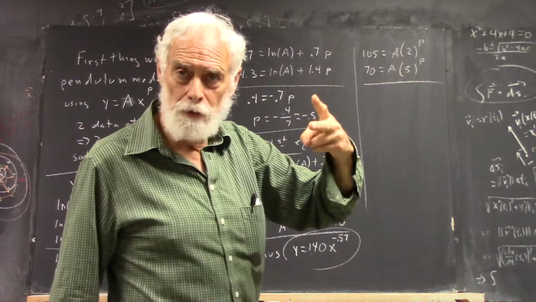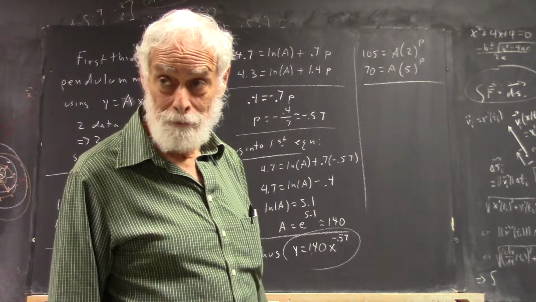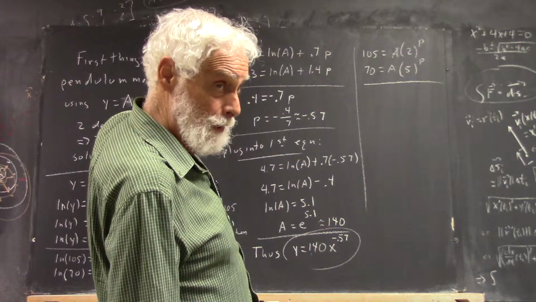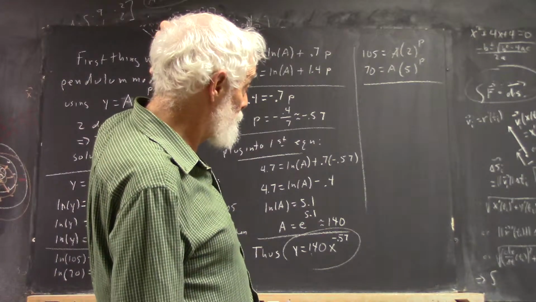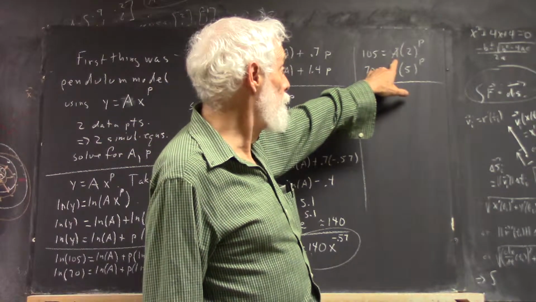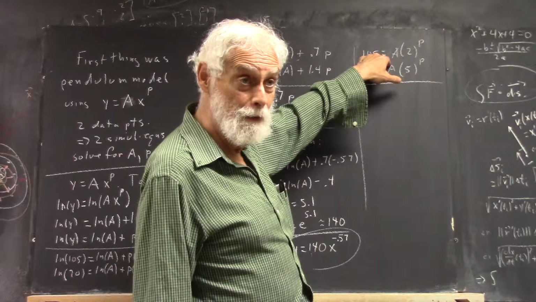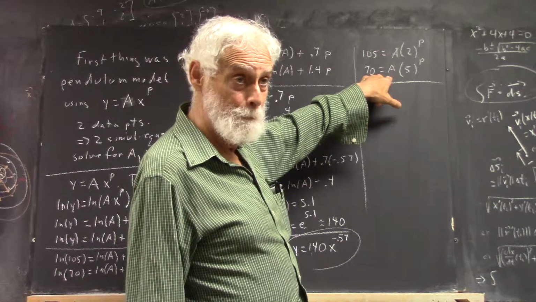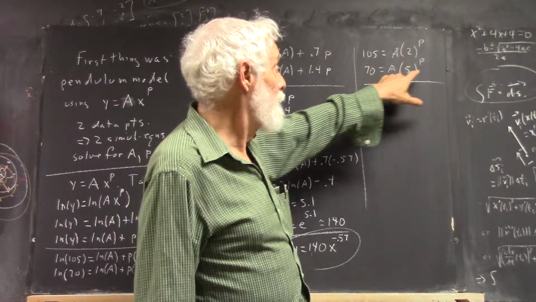Well, we have two alternatives. It's a nonlinear equation, so we can't do what we did with linear equations. Okay? So one alternative is solve this for A. Easy to do. You get 105 over 2 to the p, right? And then replace A with that. Okay? And then we can solve for p.